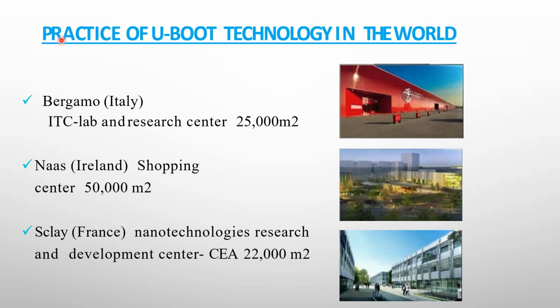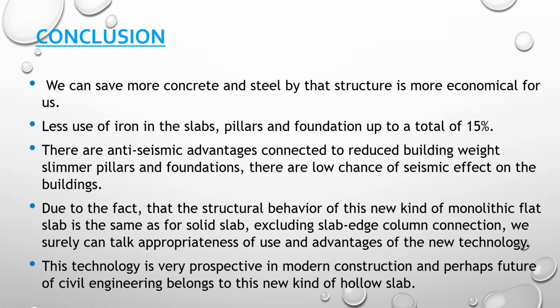Then in today's world, where is it practiced? In Bergamo, Italy, the ITC lab and research center is made with this technology. In Ireland, the NAS shopping center also uses this technology. And in France, the Sclay Nanotechnologies Research and Development Center, all these labs are constructed with this technology itself.